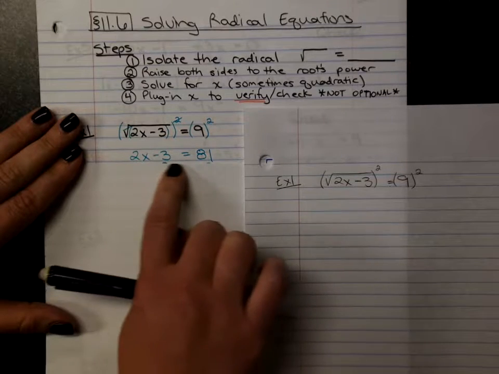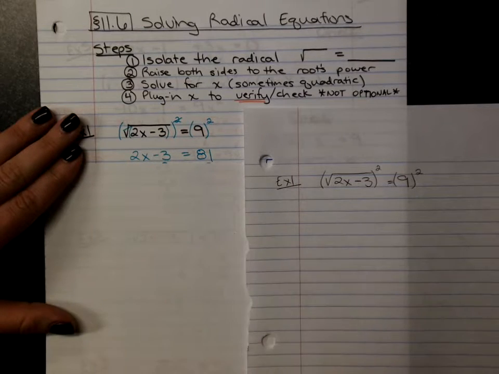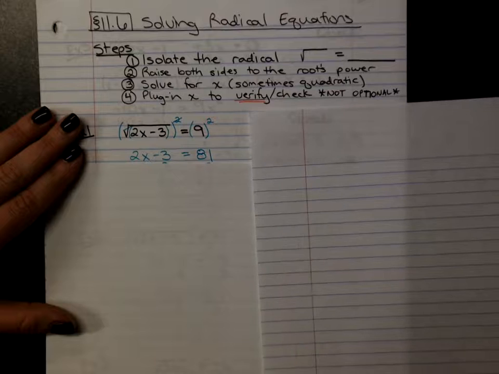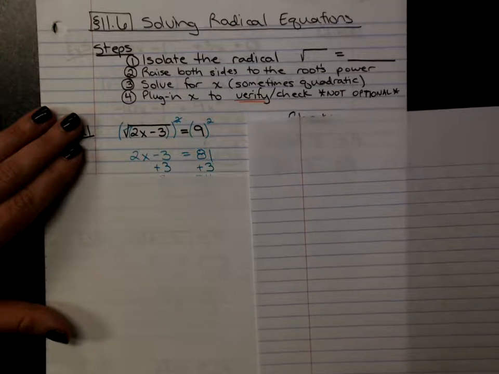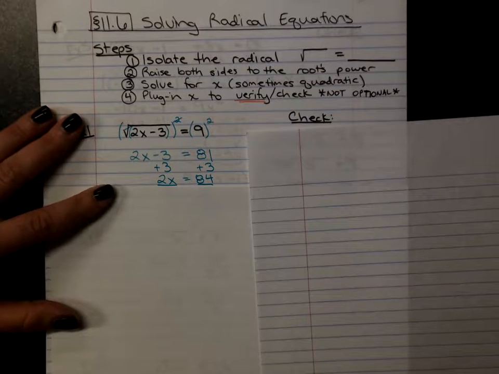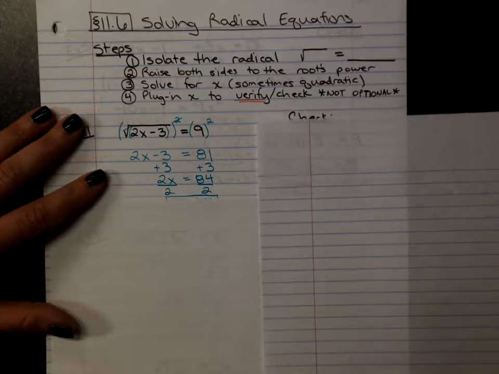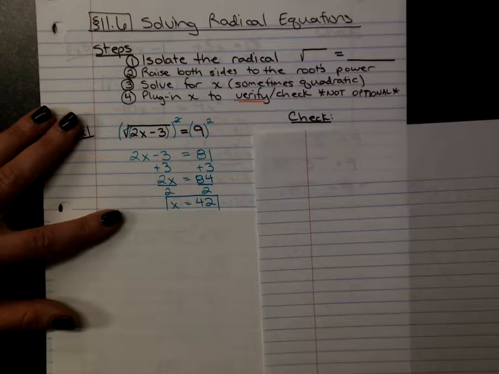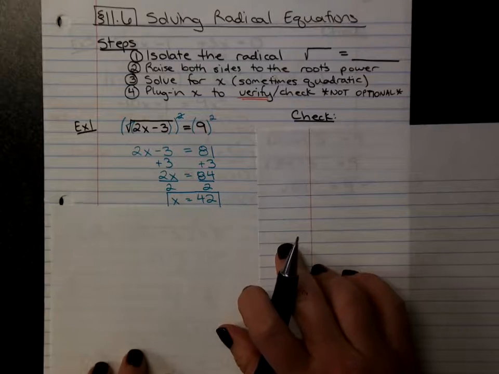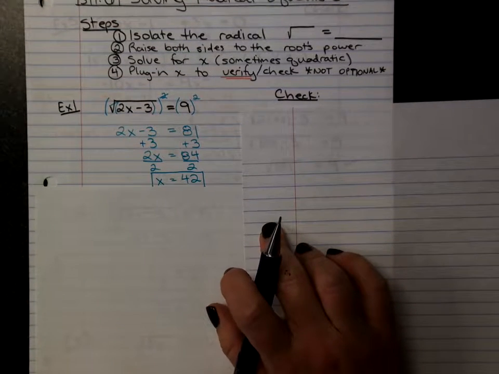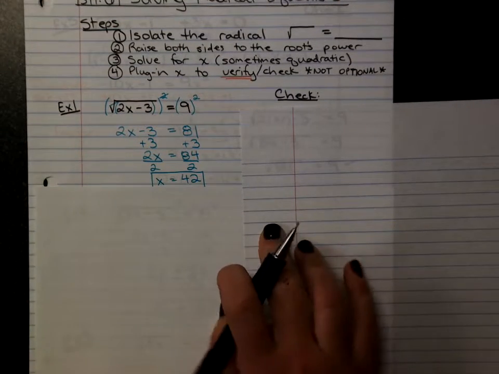So you have 2x minus 3 equals 81, and your job from there is just to solve for x. So we add 3 to both sides, you get 2x equals 84, then you divide by 2, and you get an answer, x equals 42. Again, pause the video if you need to, just jot those steps down.